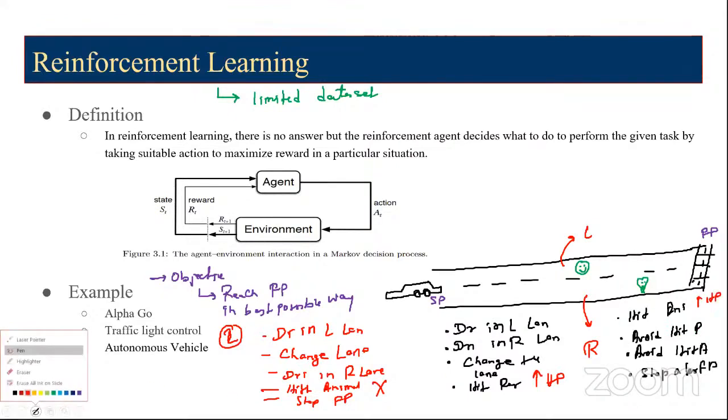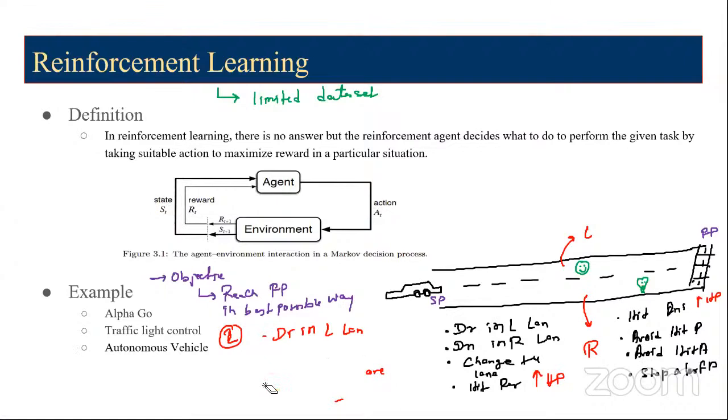Then in the third iteration, let's see what actions this machine will take. Drive in left lane. The moment it encounters the person, change lane.